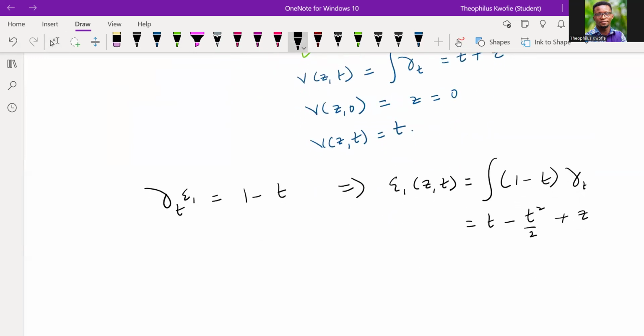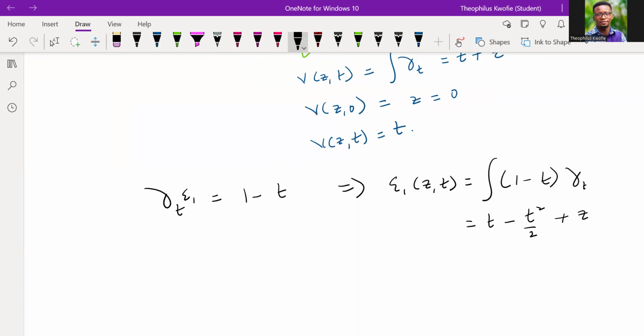And we need to use the initial condition. By using the initial condition already, we kind of know what we can get. We will eventually get the same thing because it's equal to just z. Is that okay? When t is 0, we're going to have that to be equal to z.